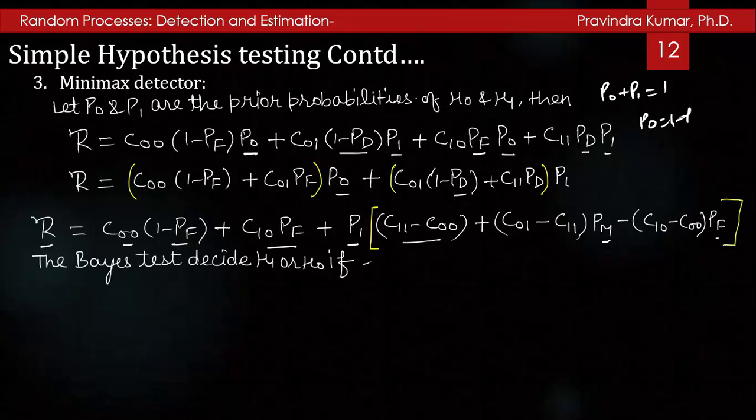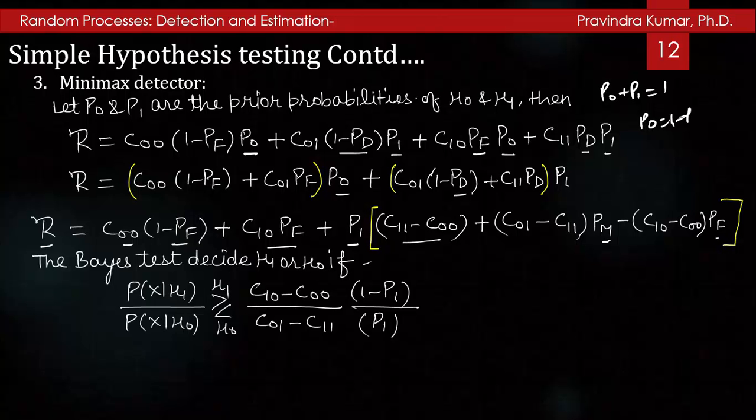And the Bayes test decides H1 or H0 if the conditional likelihood ratio is greater than or less than (C10 minus C00) upon (C01 minus C11) times (1 minus P1) upon P1, where P1 is the prior probability of H1 and 1 minus P1 is the prior probability of H0.